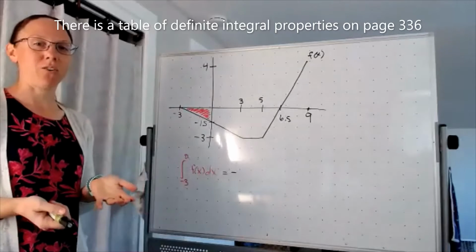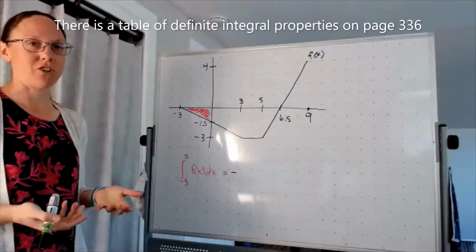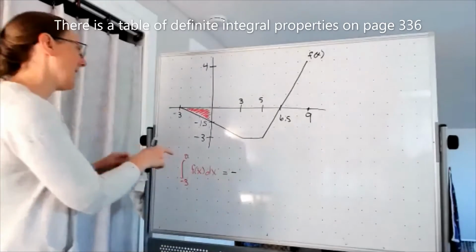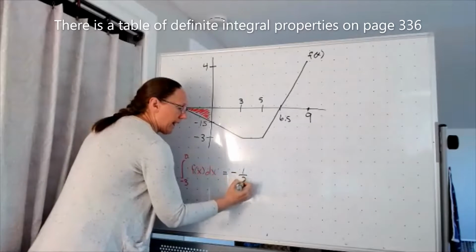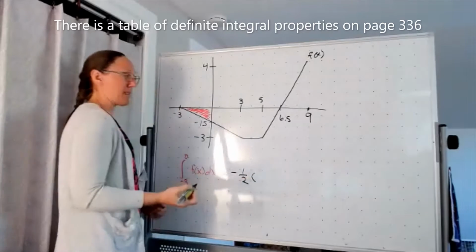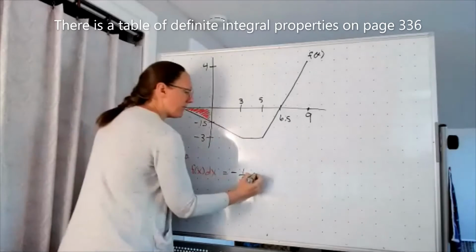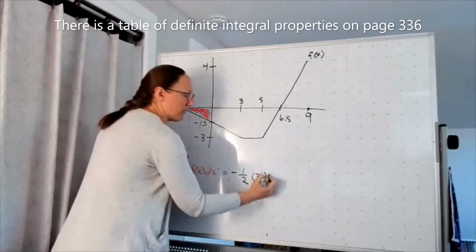And if it's a triangle, we should be able to evaluate this using our geometry knowledge. So I know that looking at this, if I've got a triangle, that's going to be 1/2 the base times the height. Well, the base here is 3, and my height is 1.5.